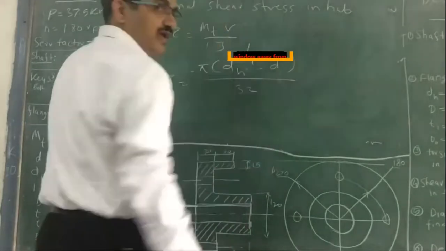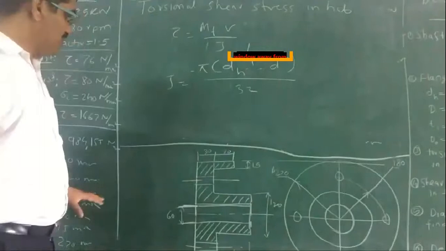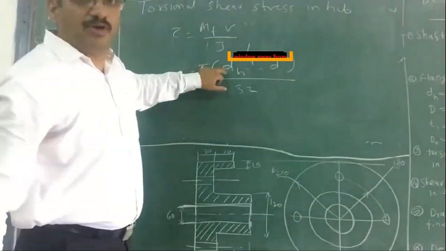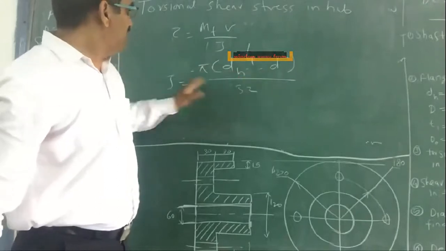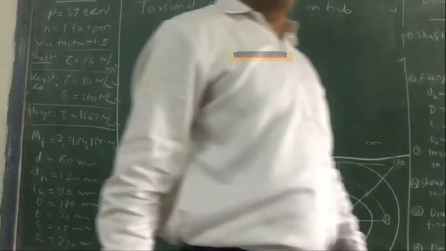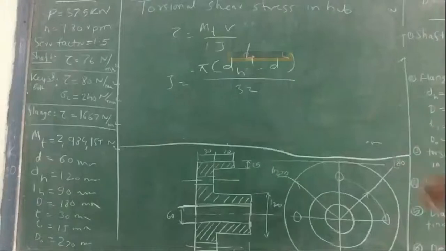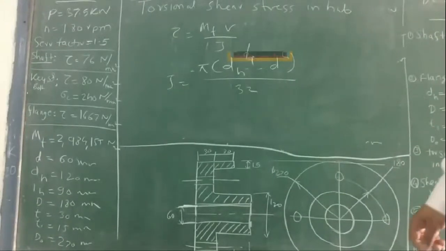Now see, here we are assuming that our hub is a hollow cylinder, dh is outside diameter of the hub, d is inside diameter of the hub or diameter of the shaft, and this is simple polar moment of inertia. This is the equation for polar moment of inertia, J, right? And here we will take R is equal to dh by 2.